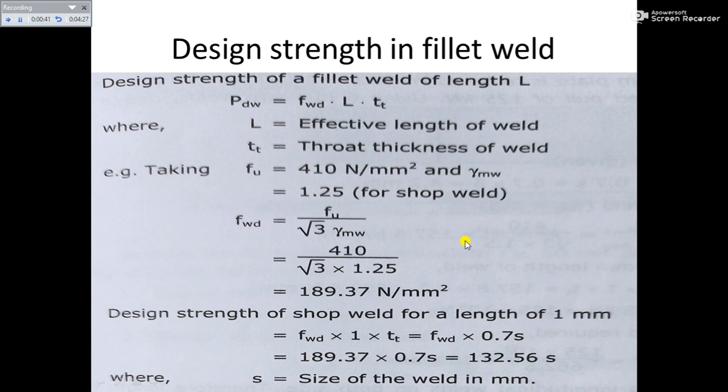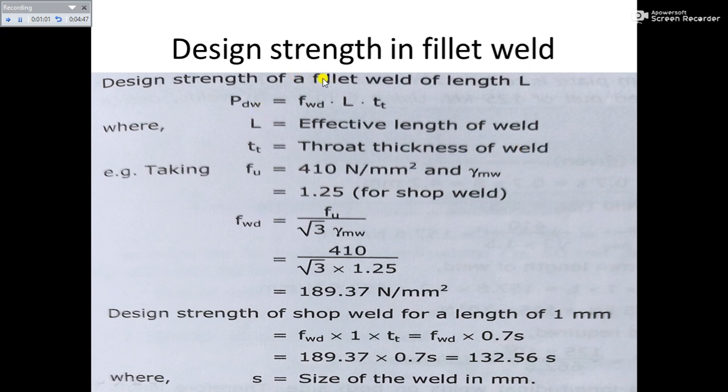Here, last time in mechanics of structures, we have seen the formula for stress. The formula for stress is load upon area, that is sigma is equal to P by A. From that, P is equal to stress into area.